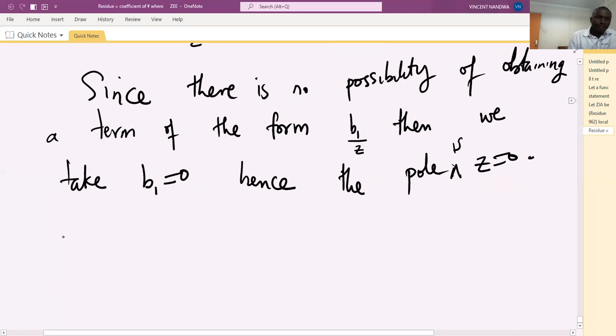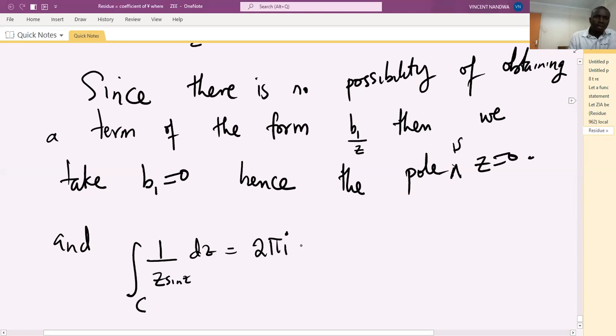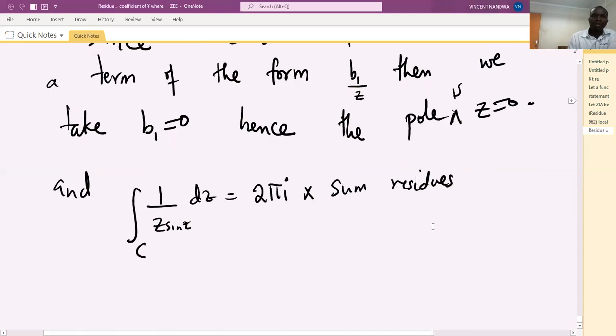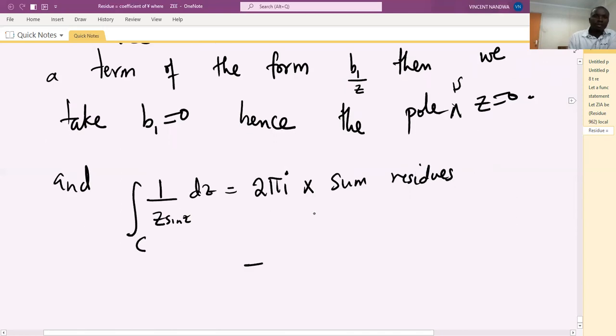And the integral along C of 1 over z sine of z dz is given by 2 pi i times the sum of residues, and the sum of residues in this case is 0.